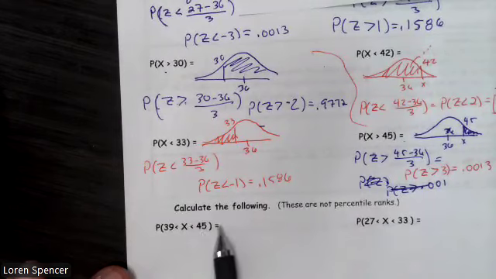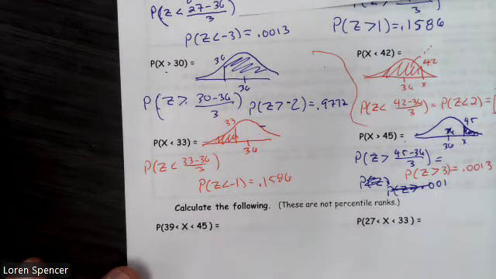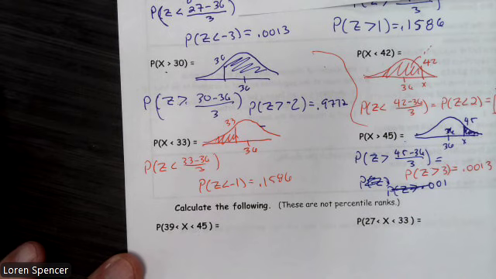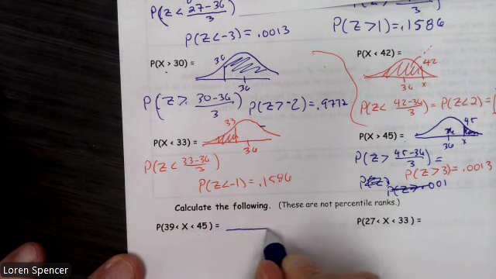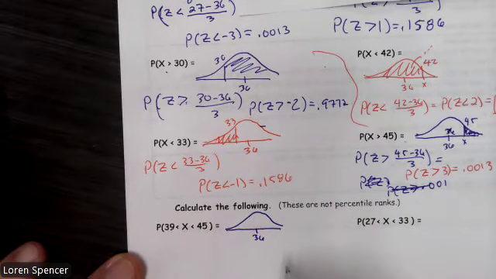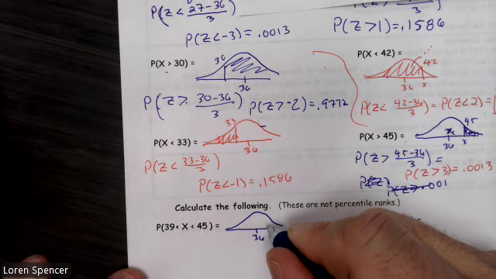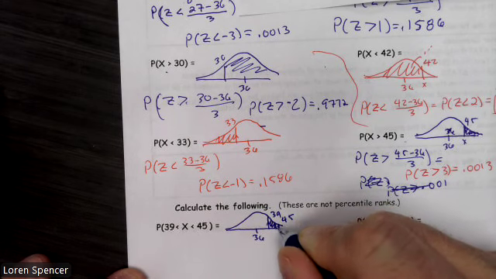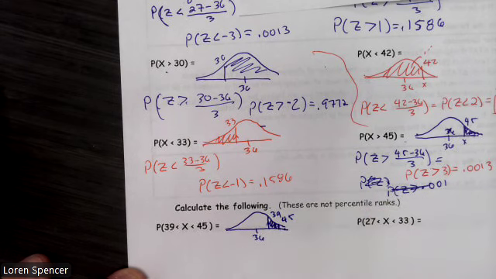All right, now it's asking us to calculate over an interval. So we need to draw an interval. In this case, we have 39 to 45. We're still working with our same mean of 36, and a standard deviation of 3, but we're starting at 39 and we're going to 45. So we're looking for this area in between here.